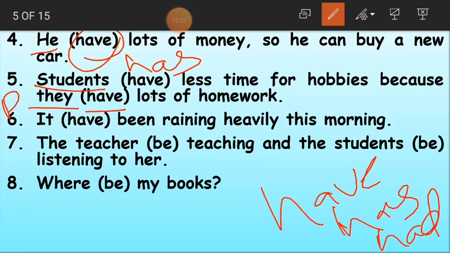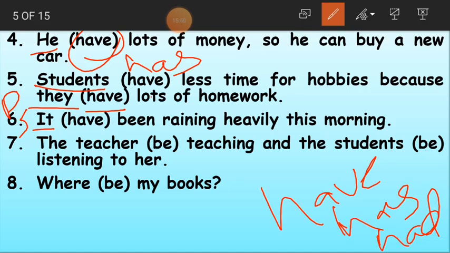It dash been raining heavily this morning. It dash, here we have to change this have. Been raining heavily this morning. So what is it here? Is it a singular or a plural? Yes, this one is a singular form.